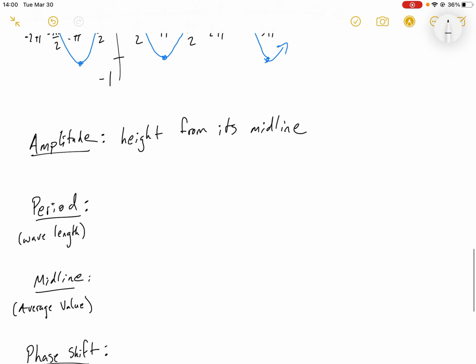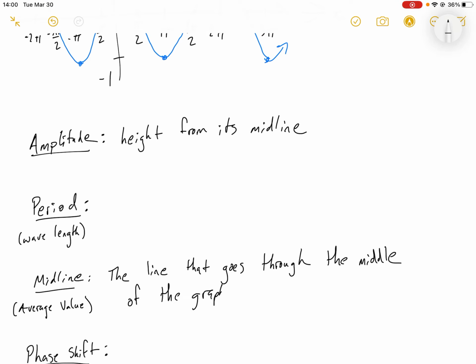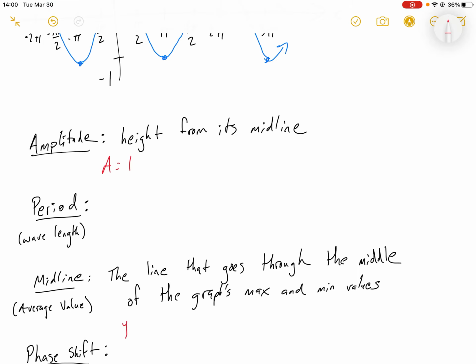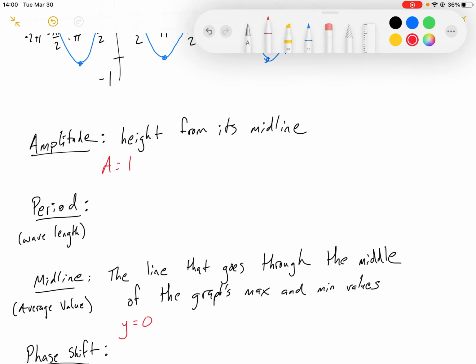The midline is the line that goes through the middle of the graph's maximum and minimum points. And so for our parent function, the amplitude is 1, and the midline is the line y equals 0.